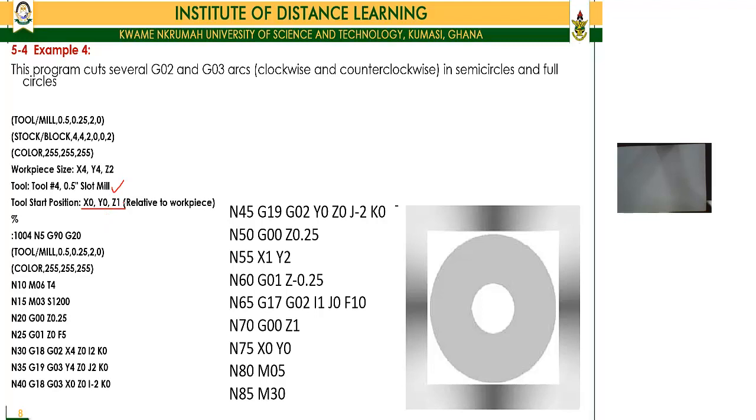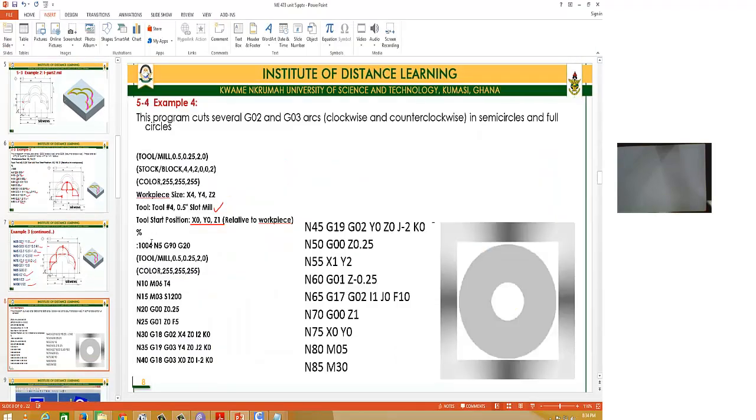It's going to be X0, Y0, and then Z1 relative to the workpiece. When you use this, it means that it is starting at the top part of the workpiece. Then we have program number 1004.